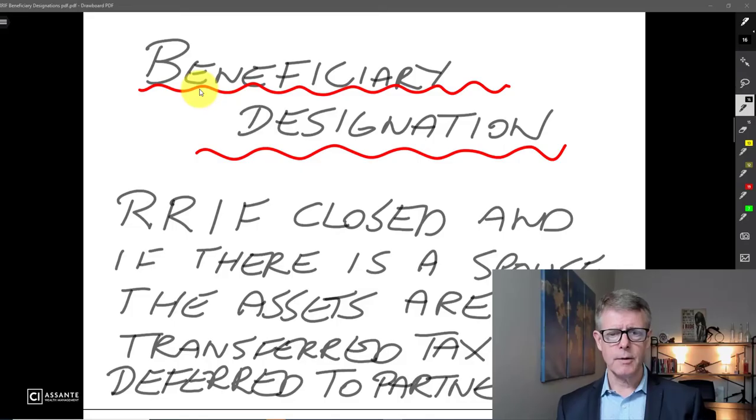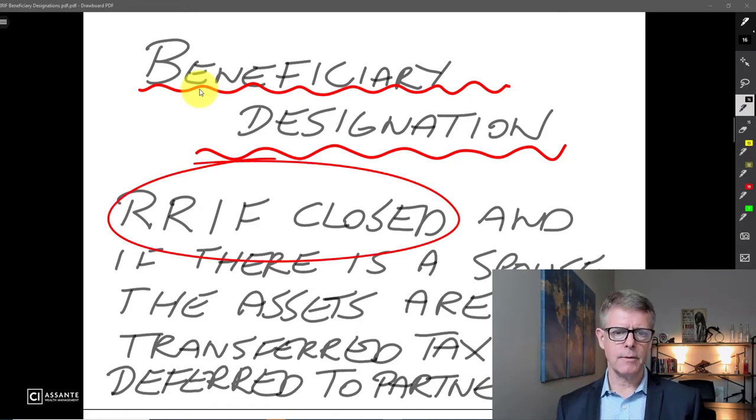Now what I'd like to do is take a little bit of a look-see at beneficiary designations. So rather than listing someone as a successor, you list them as a beneficiary. And you can list your spouse or partner as a beneficiary on the account. The big difference is upon your death, the account that you have basically gets locked down. All the income stops and that account's frozen.